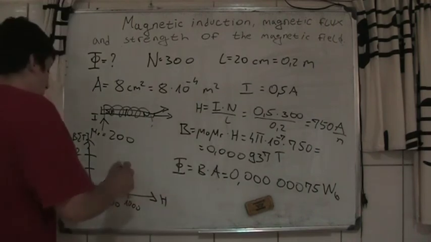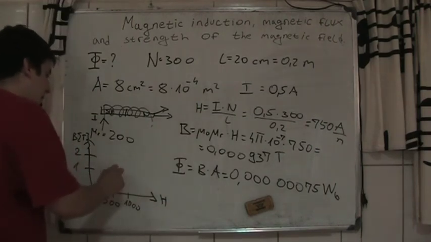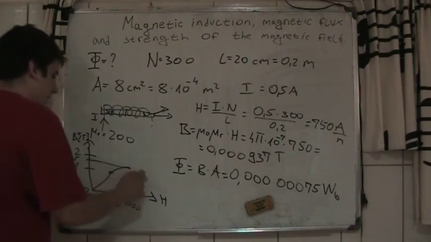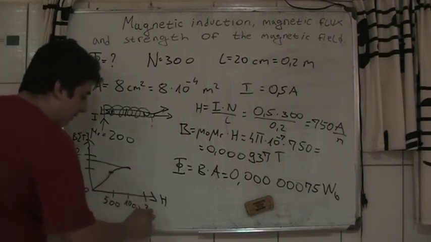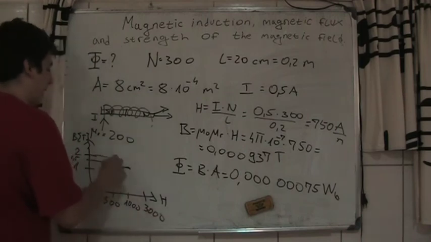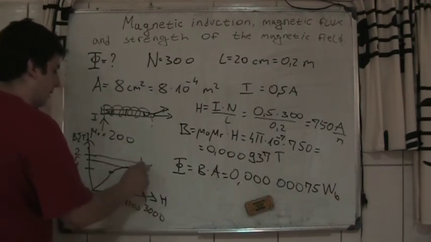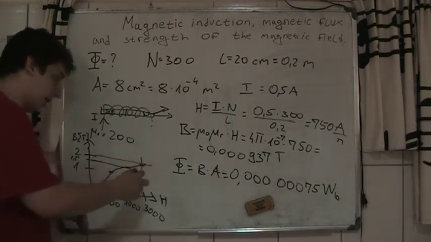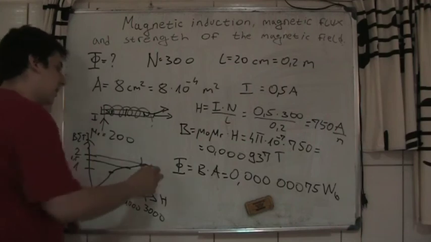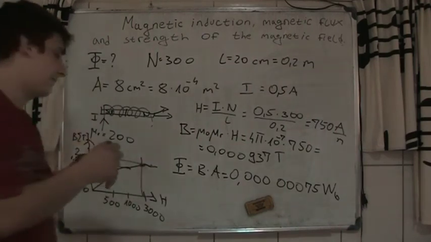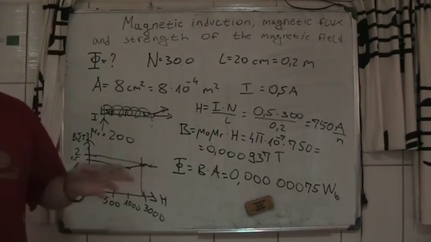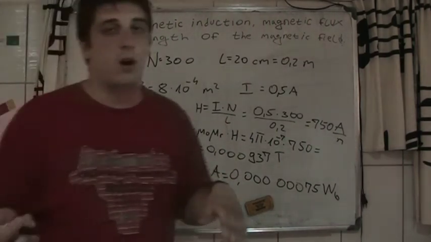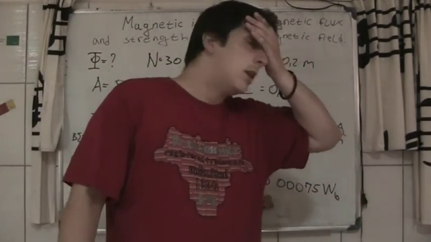When you have 1,000, then you have, for example, 1.5. And if you put 3,000, then you will have 2 Teslas. But if you add more and more, you can't make it go on and on. Every magnetic material has a maximum value.